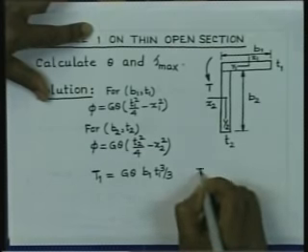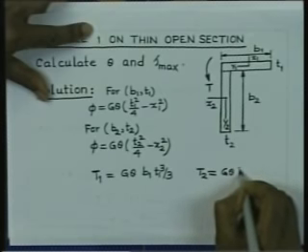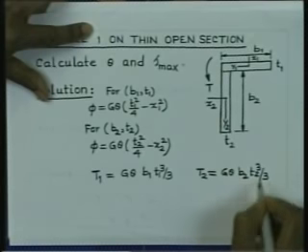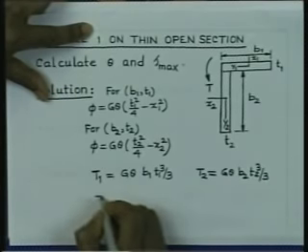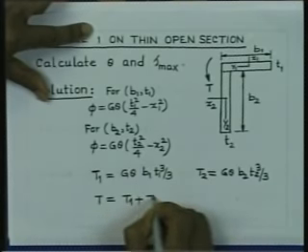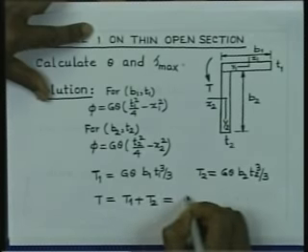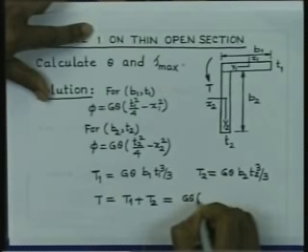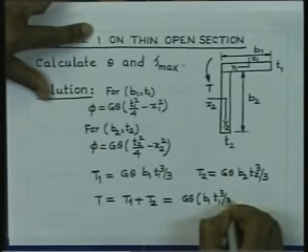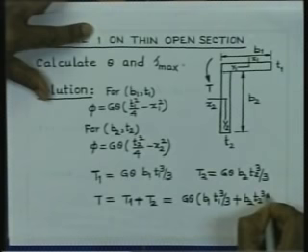Similarly, for the portion 2, T2 is going to be g theta B2 T2 cube by 3, and hence the total torque is given by the sum of the two torques T1 and T2, and that must be equal to g theta into B1 T1 cube by 3 plus B2 T2 cube by 3.